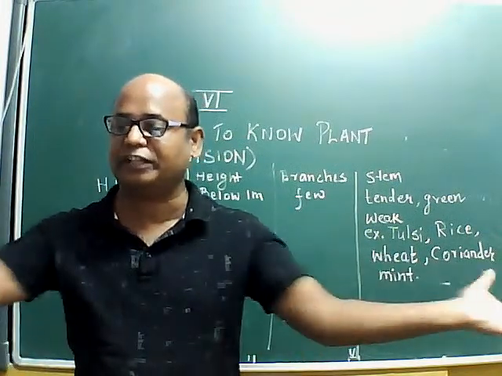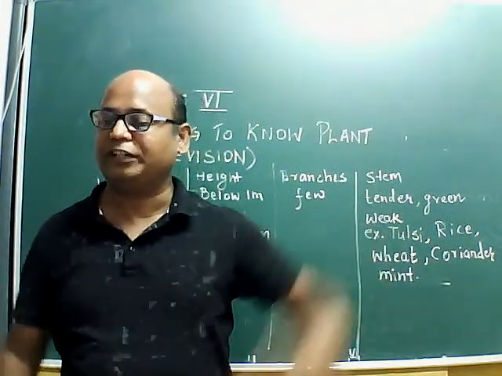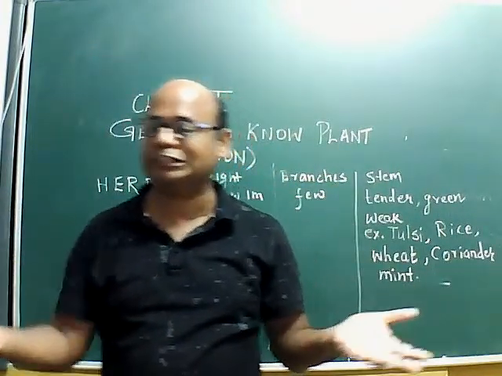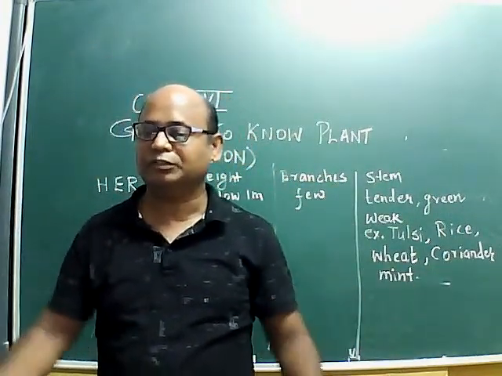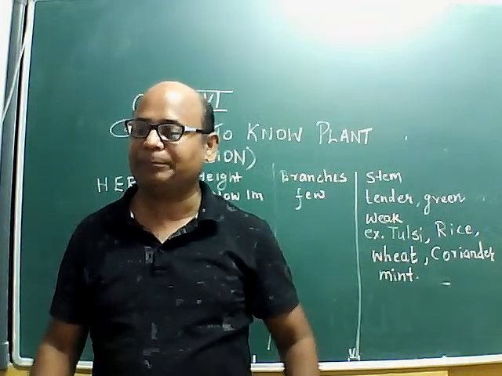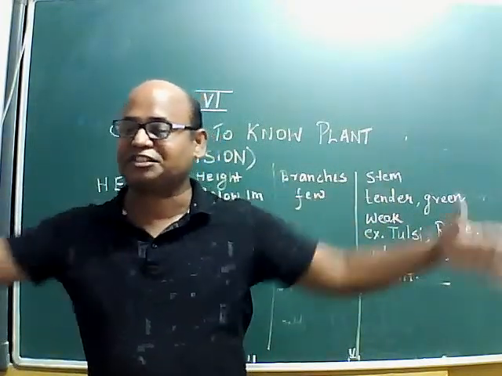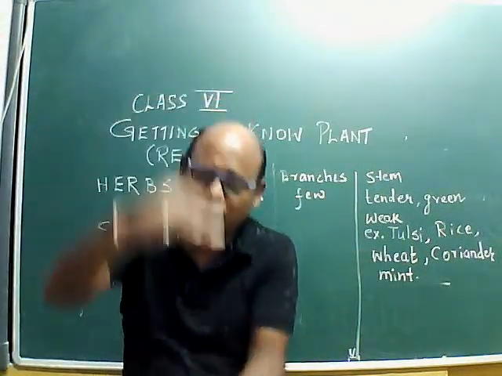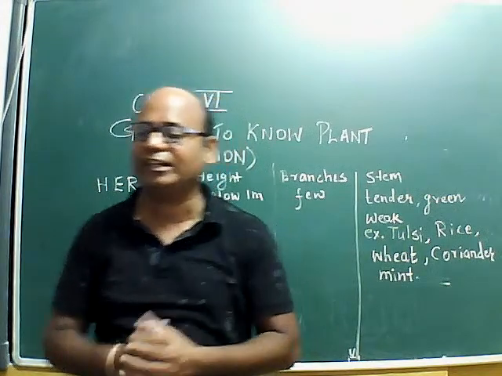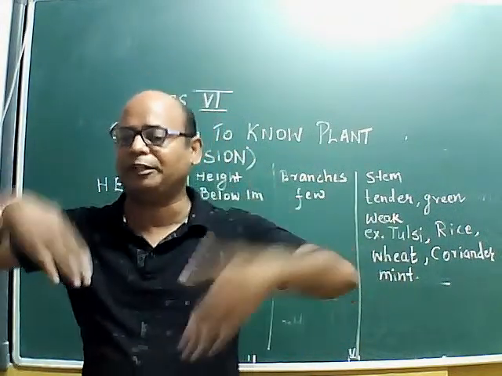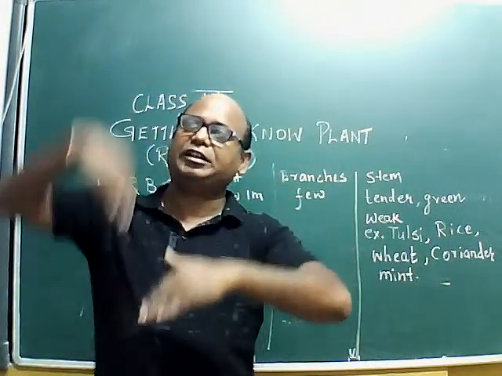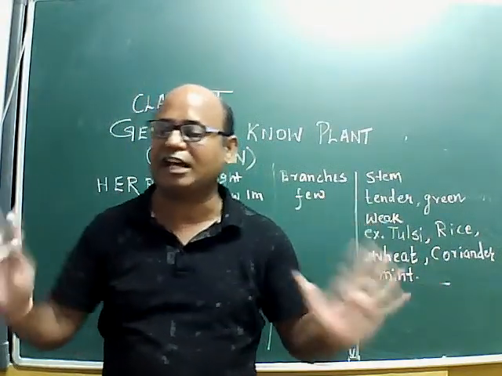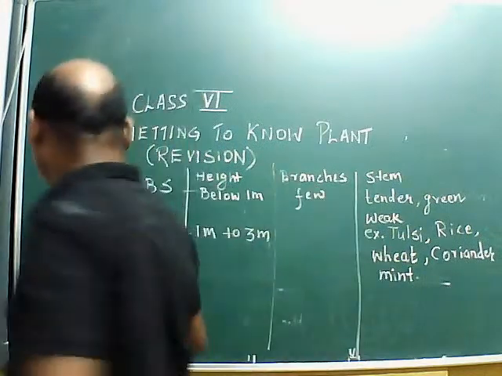For example, you might have seen guava, lemon, hibiscus rosa sinensis, jasmine, China rose, custard apple. All these are shrubs. They are not as tall as trees, and they are not so small as herbs. Such bushy plants are called shrubs.